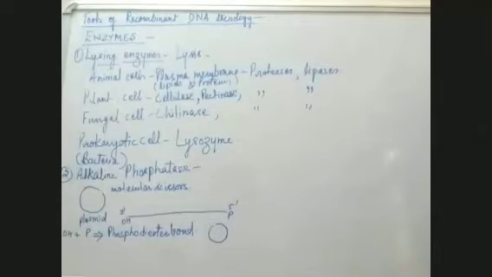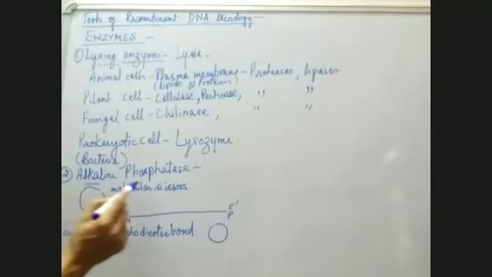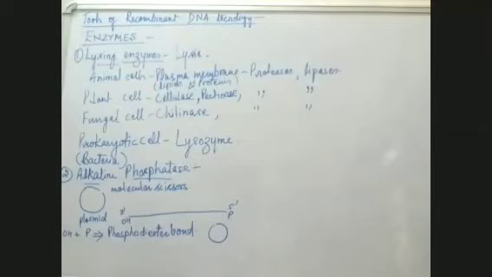So what is done so that it does not roll back and form a phosphodiester bond again? This alkaline phosphatase is used. What this enzyme does is remove the phosphate.